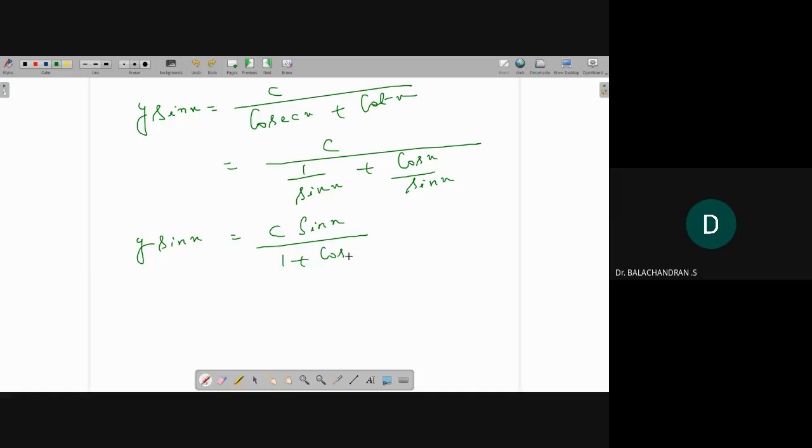You can cancel sin x and sin x. So after cancelling, you cross multiply: y into 1 plus cos x equal to c, or y(1 + cos x) minus c equal to 0.